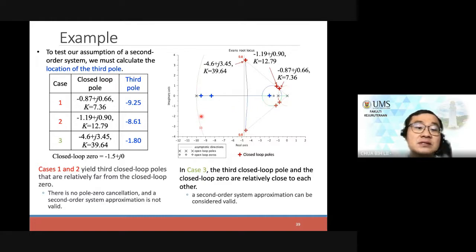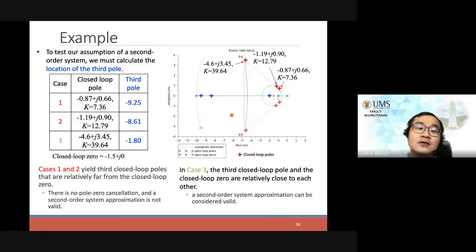So from these cases itself, we may say that case 1 and 2 will yield a third closed-loop pole that is relatively far from the zero. Therefore, there is no cancelling effect, and these two poles may not be the better one, or these two poles are the worst one, as compared to the third one, which is the green one, because the third one is very close to the zero and very far away from the dominant poles.